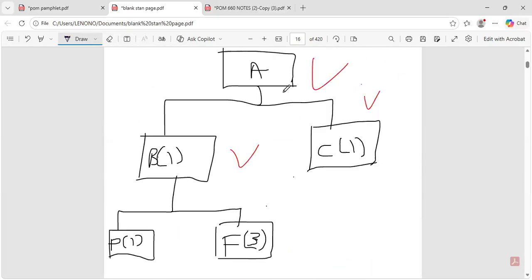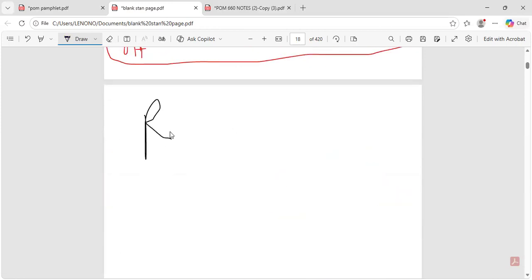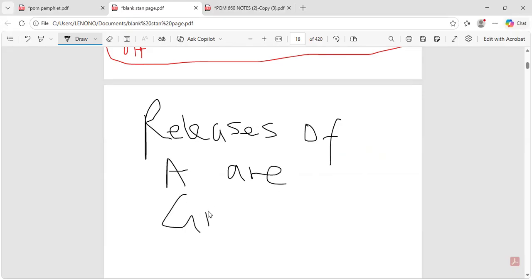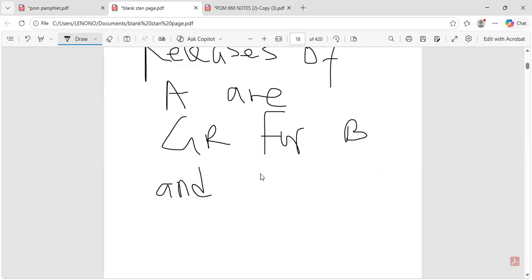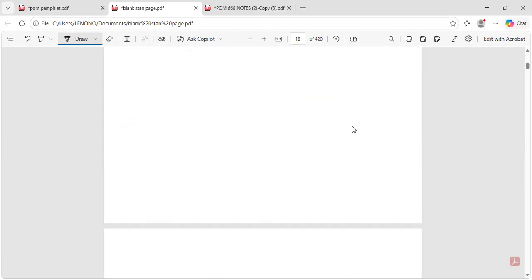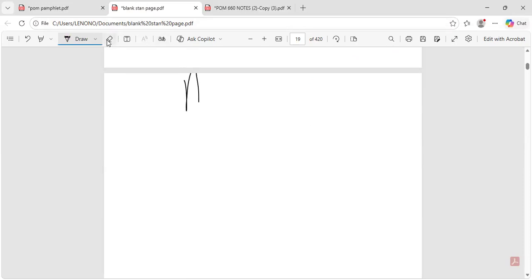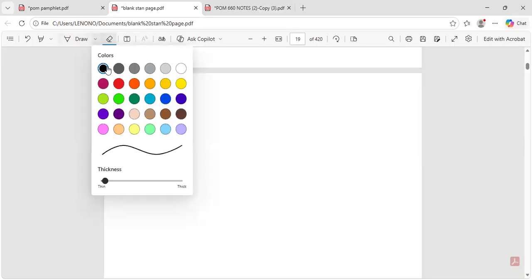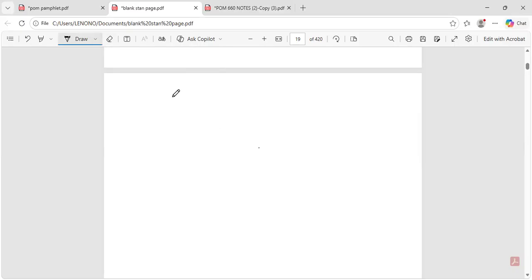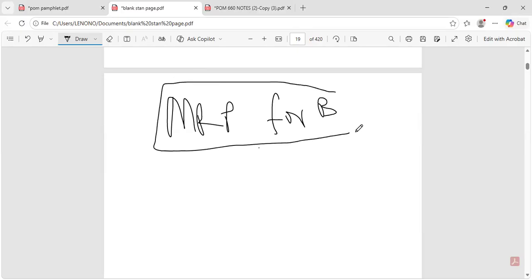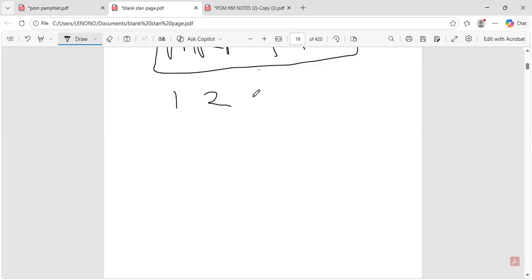B and C. So releases of A are gross requirements for B and C. So if we are going to do MRP for B, we are going to have 1, 2, 3, 4, 5, 6.